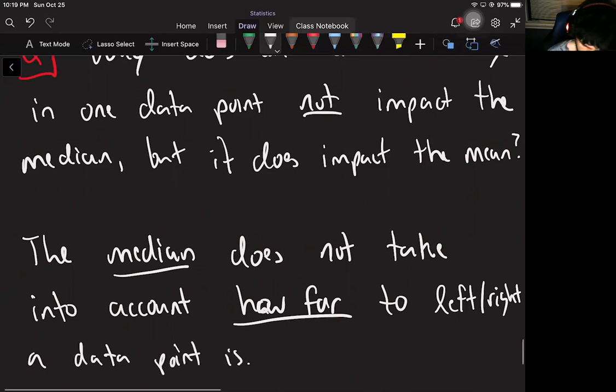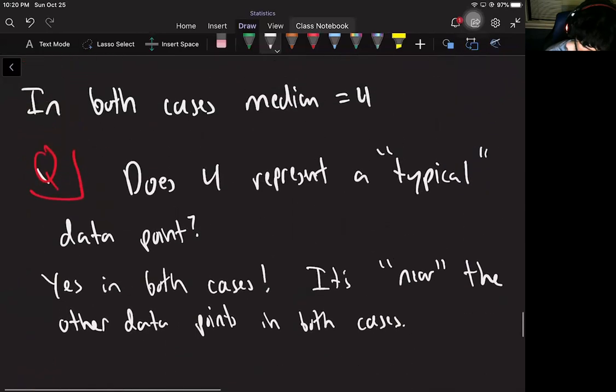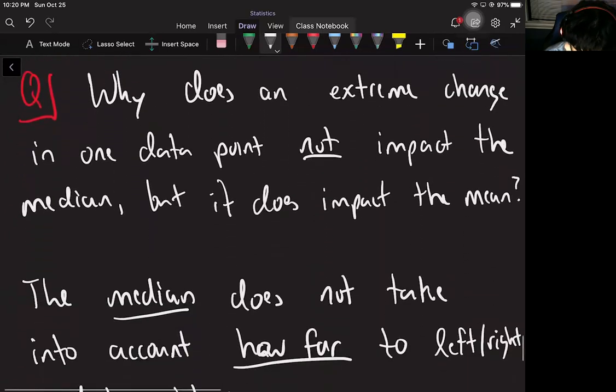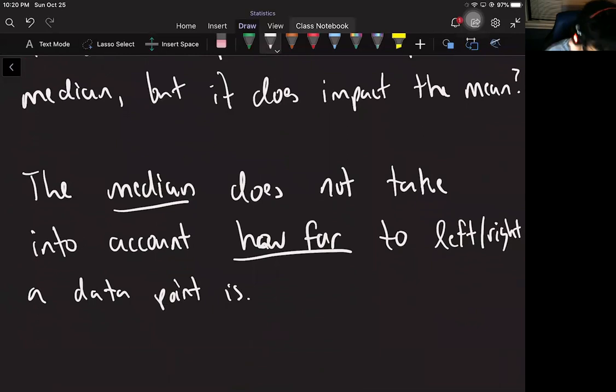So it didn't matter that 55 was super far away and 8 was only a little bit far away. It just mattered that they were both to the right. It didn't matter how far they were. That's going to be the idea.